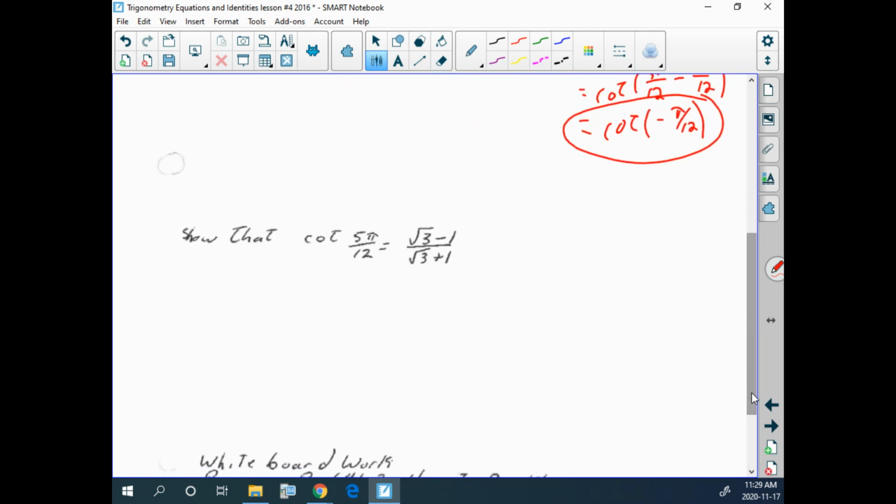Now, cotangent of 5 pi over 12. Well, again, that is going to be 1 over tangent 5 pi over 12, since we don't have a sum or difference identity for cotangent, although we can quickly figure it out. Now we have to figure out, how do I get 5 pi over 12?